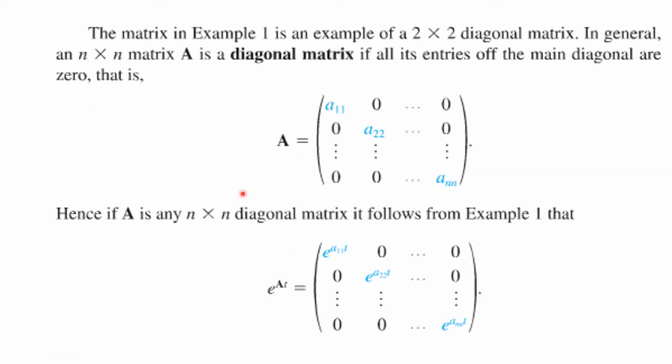Now this will happen any time you start with a diagonal matrix where you have only non-zero elements on the diagonal. Then e to the At is just going to be given by this equation.